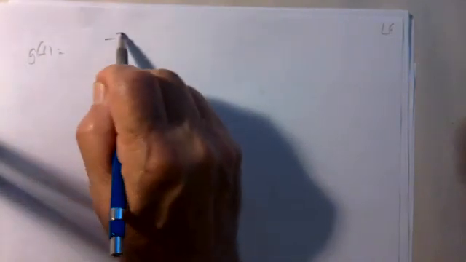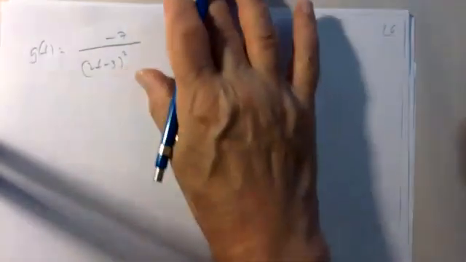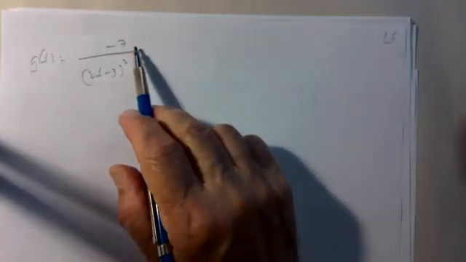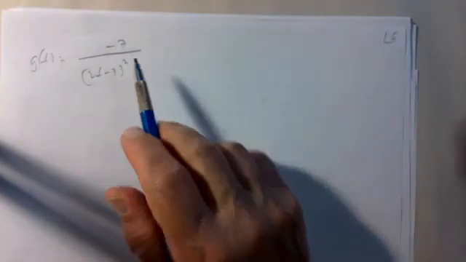Well, let's do some more, because the chain rule is something that you have to learn to do efficiently. Suppose we have the function g of t is minus 7 over (2t minus 3) squared. You could use the quotient rule, but then the denominator is a composite function.